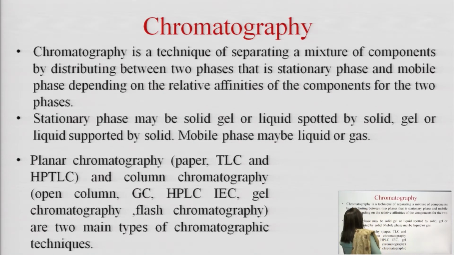The first one is chromatography. Chromatography is a lab technique which is utilized to separate the components by distributing them into two phases. One of them is the stationary phase, which is fixed, and another one is the mobile phase, depending upon the relative affinities of the components for the two phases.